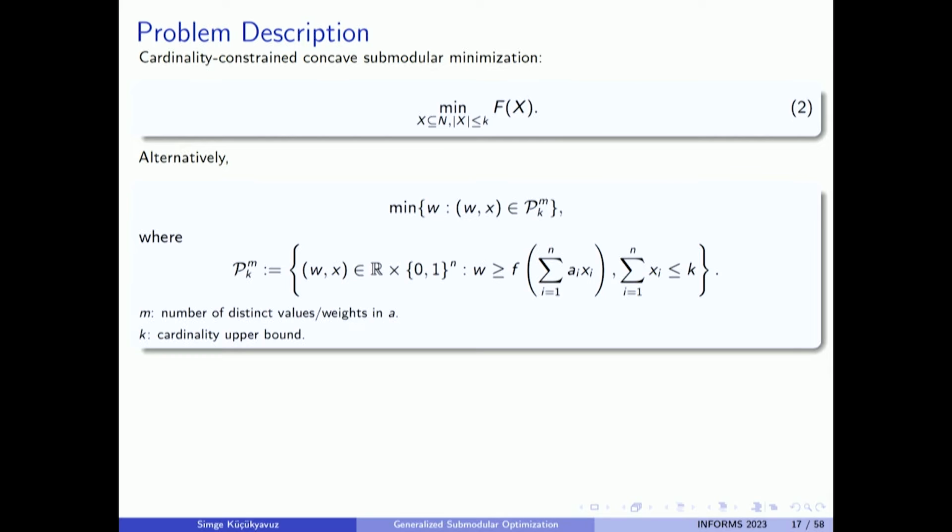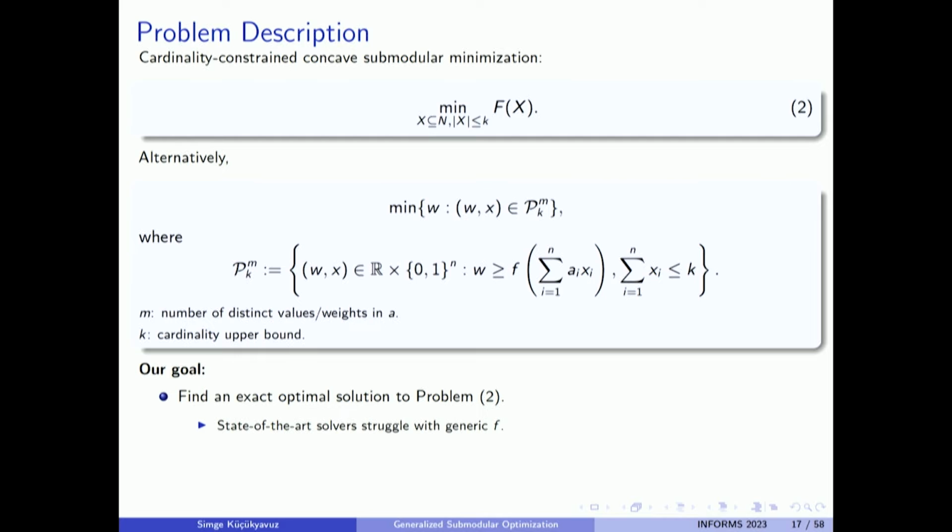These are the number of distinct values of the vector a. If each of the variances is a different number, m will be equal to n, but I'll come back later to why I differentiate this case. And k is the cardinality upper bound. Again, we're looking at the epigraph formulation, w greater than or equal to f of the sum of ai xi, and the cardinality constraint.